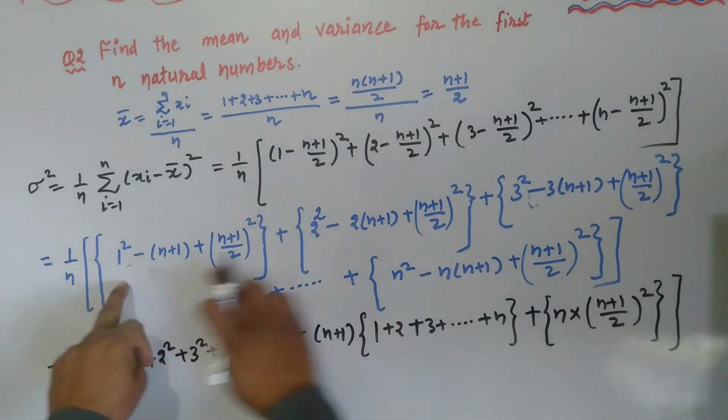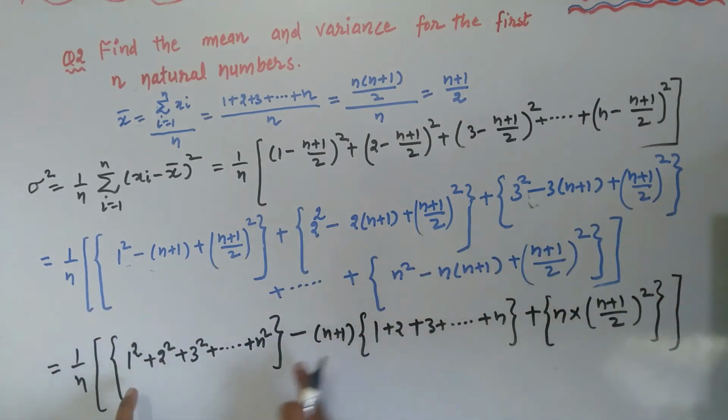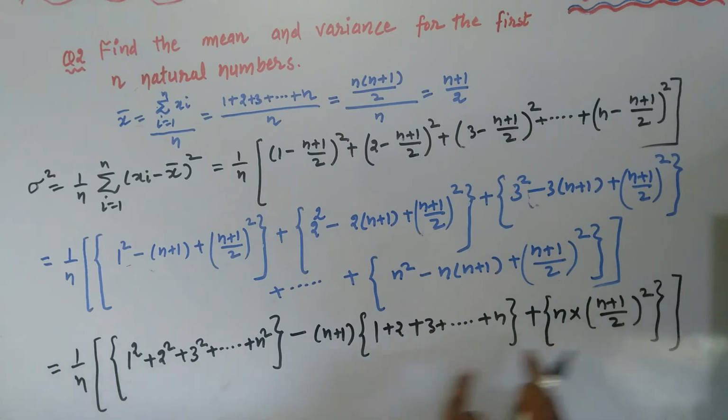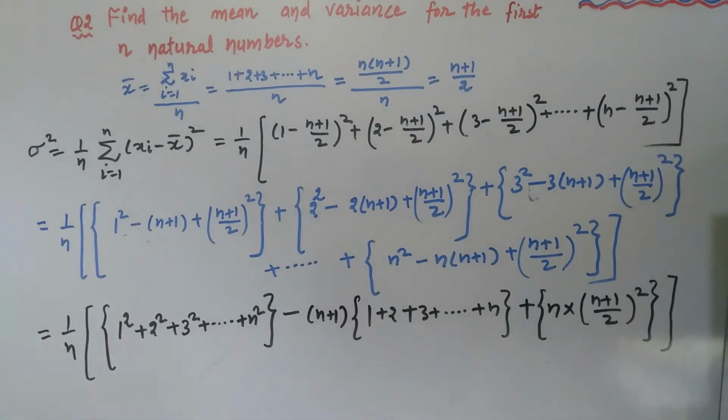So all these terms are combined just in 3 curly brackets. Now further, we know the formula for the sum of squares.